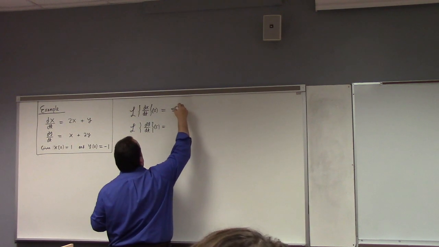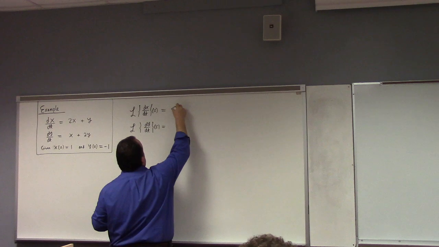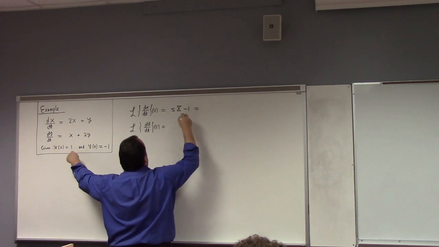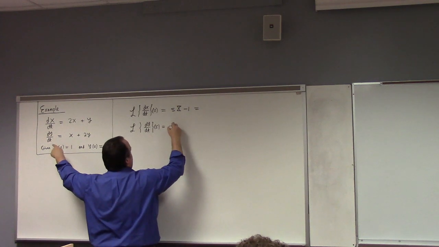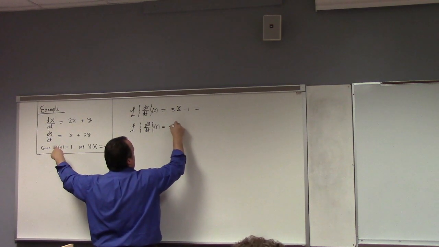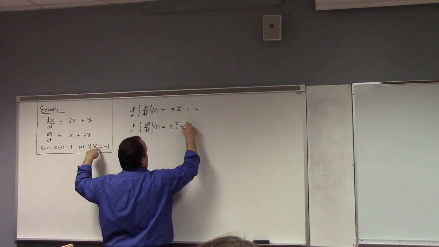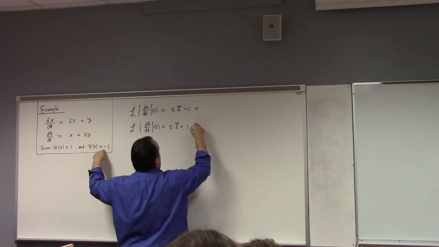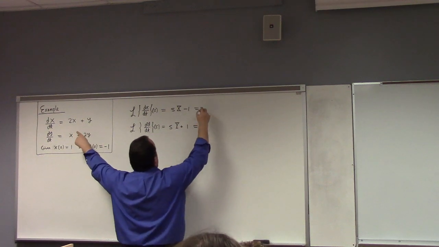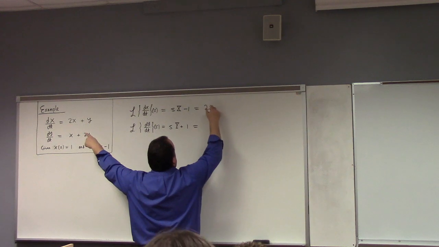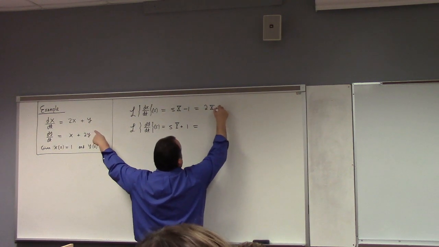So here we get s times big X, right? And minus x of 0, which is 1, right? And the Laplace transform of dy/dt is s times big Y plus 1, because the initial condition is 1 here. On the other hand, that's equal to the Laplace transform of 2x plus y, which is what? 2x plus y.